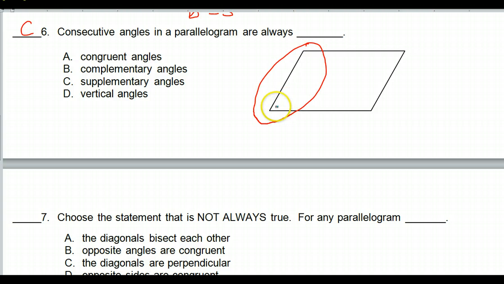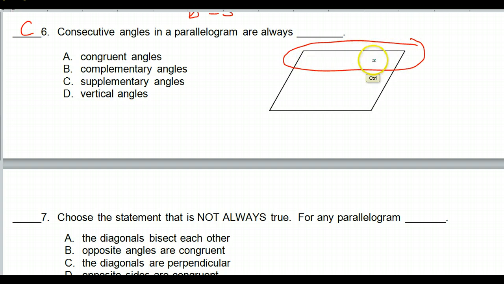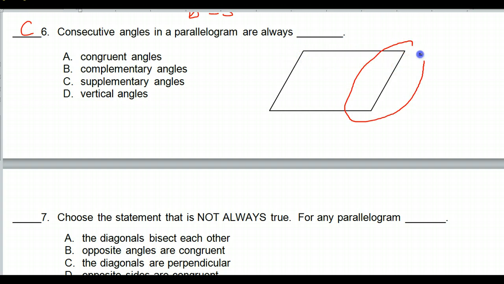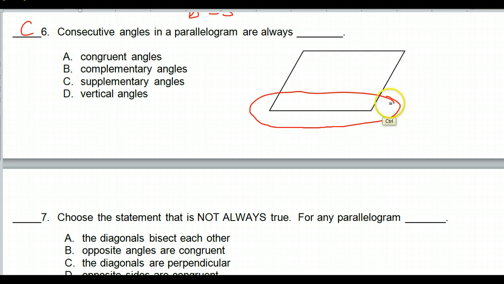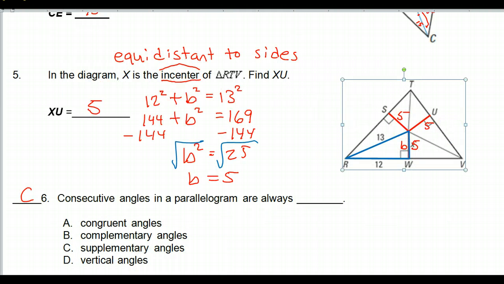These would be supplementary. Or these angles right here, these would be supplementary. Or these angles, or these angles. Those are all examples of consecutive angles. If this one was 80, this one would be 100. So that's why it's C.